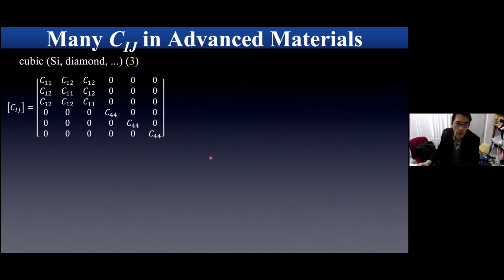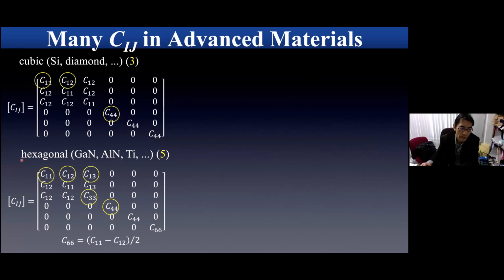Okay, so elastic constants have many independent components, but because of the symmetry, the number of independent elastic constants can be decreased. For example, in the case of cubic materials, there are only 3 independent elastic constants.